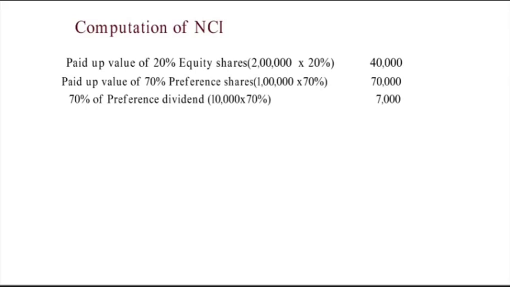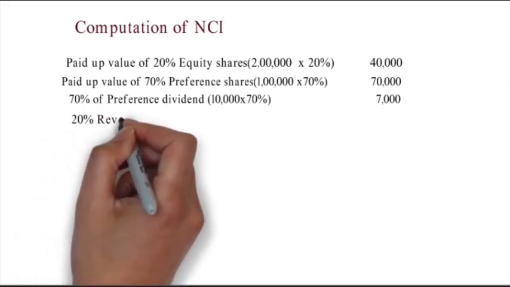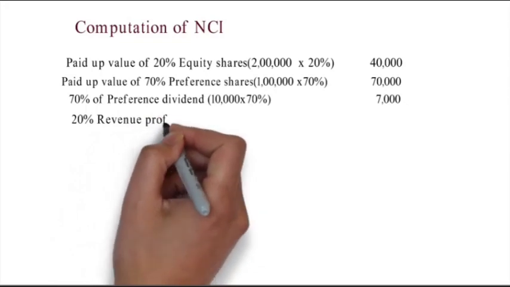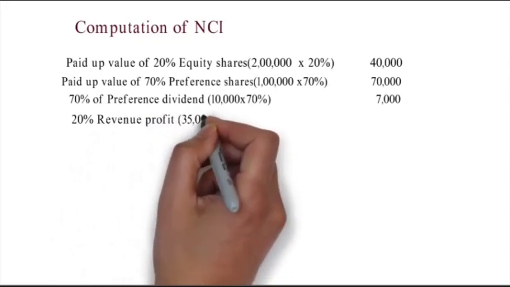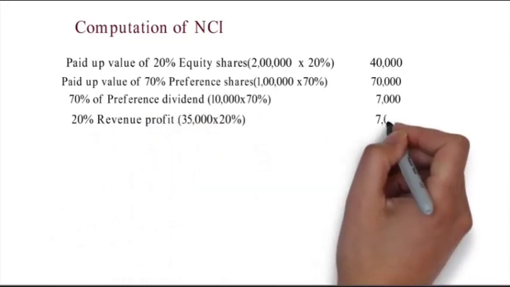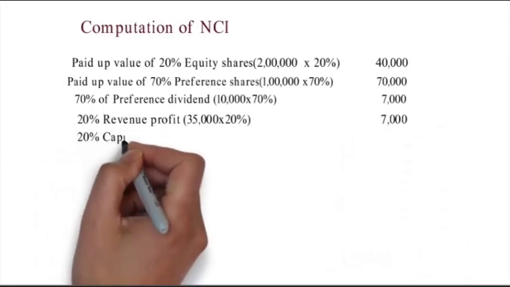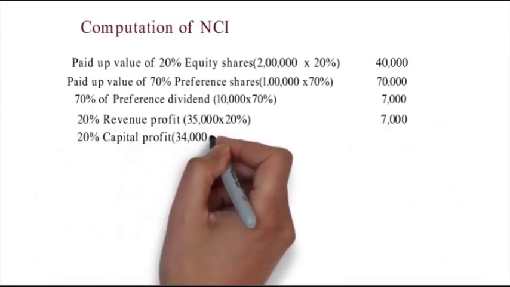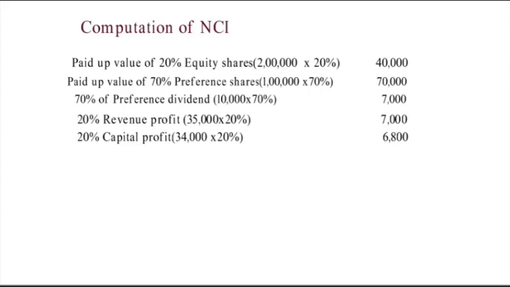Then capital profit and revenue profit are included in NCI on the basis of equity shares held by outsiders. 20% equity shares are held by outsiders. So 20% of revenue profit, 35,000 into 20%, 7,000. 20% of capital profit, 34,000 into 20%, 6,800.